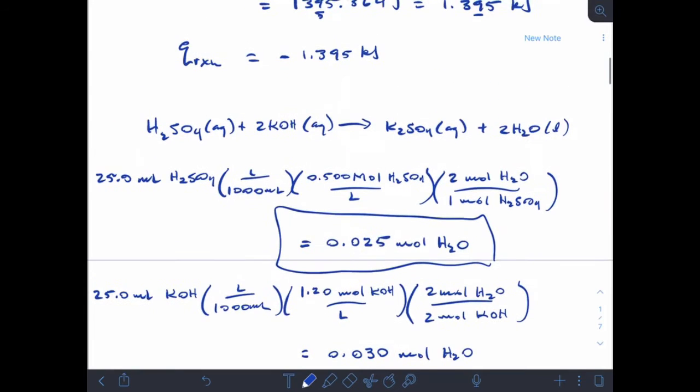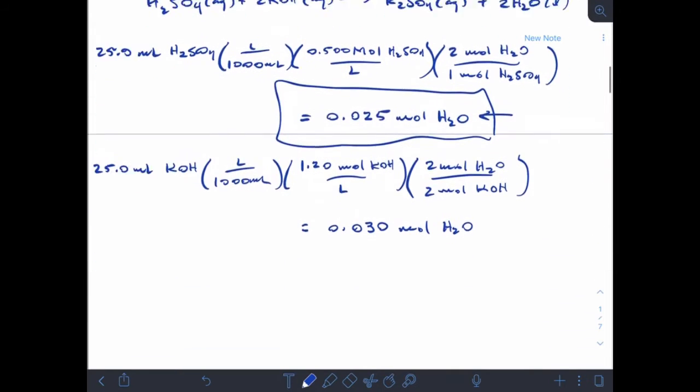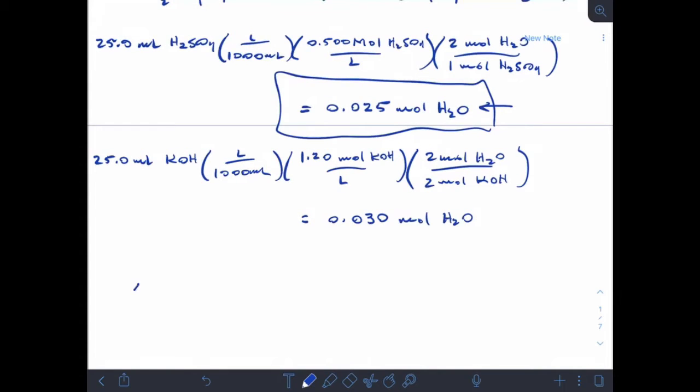Right, so my final bit, my question wants to know kilojoules per mole. So now I have the kilojoules and the moles, so all I have to do is divide. So delta H of the reaction is Q of the reaction divided by moles of H2O.